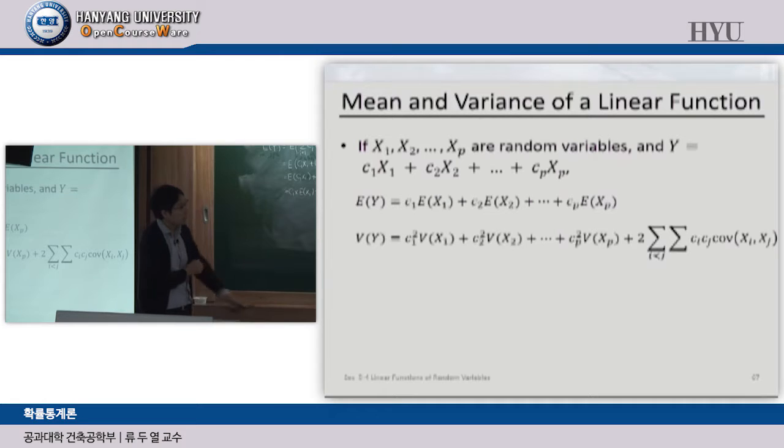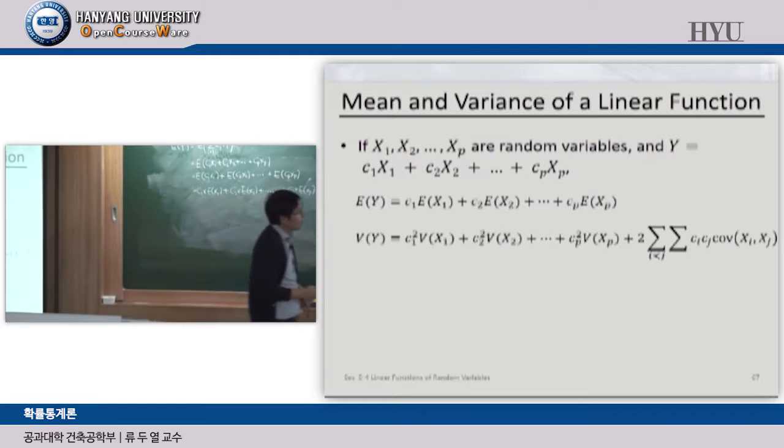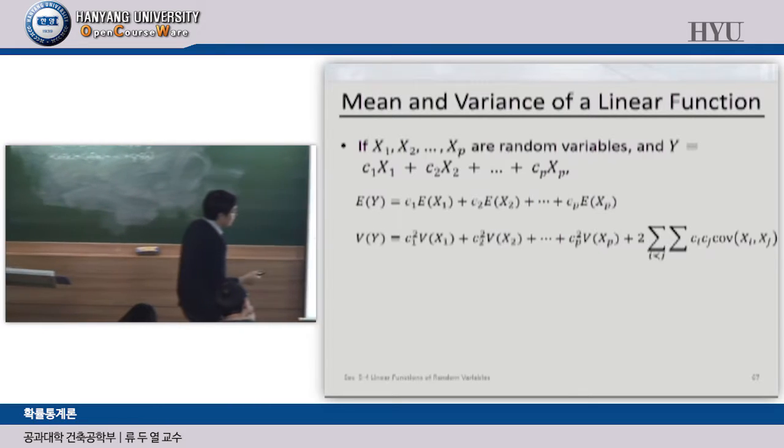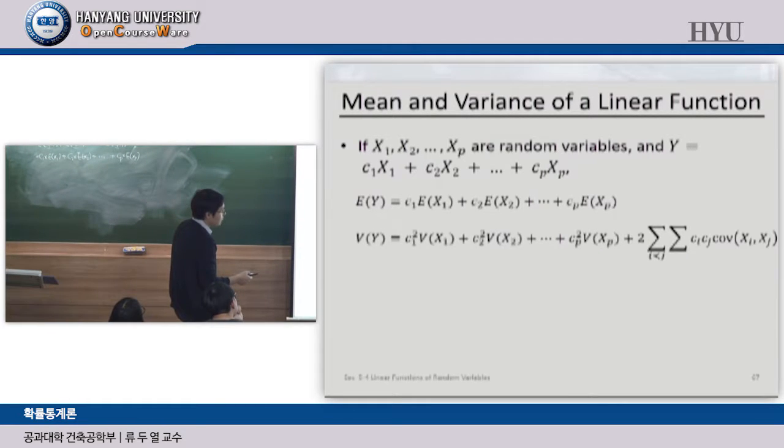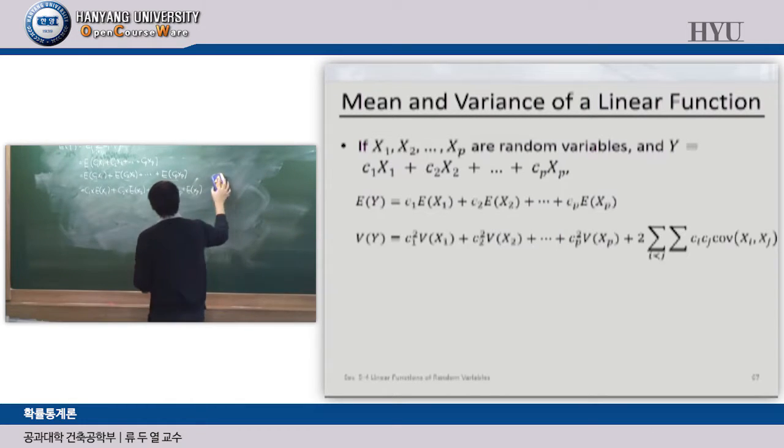And secondly, we are going to consider the variance. The variance of Y is equal to C1 squared by V[X1] plus C2 squared by V[X2] and so on, plus Cp squared by V[Xp], plus 2 times the double summation of Ci Cj covariance of Xi and Xj. I'm going to verify this equation as well.